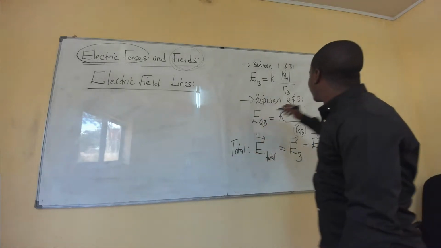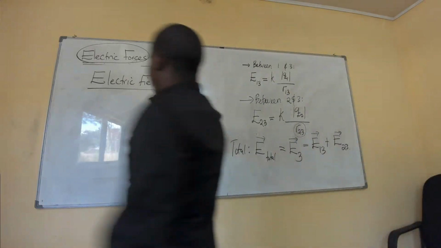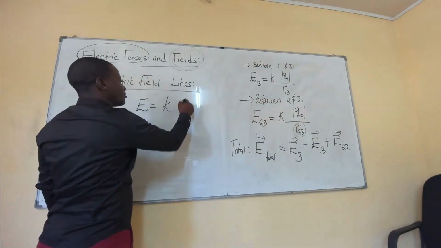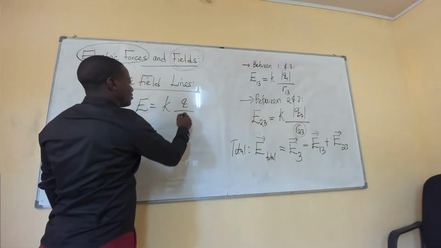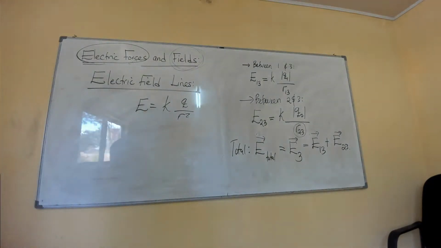Because remember the question was E, if I can get it right, E is equal to K, then you have Q right over R squared, something like that, right? Let me just confirm, that is the question which I think you are referring to.